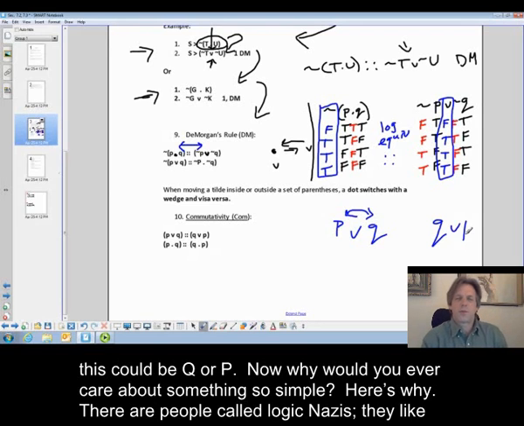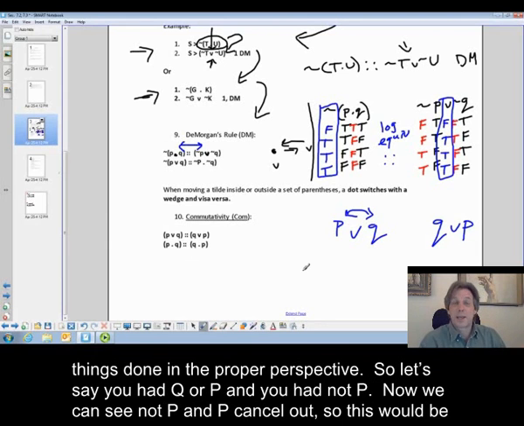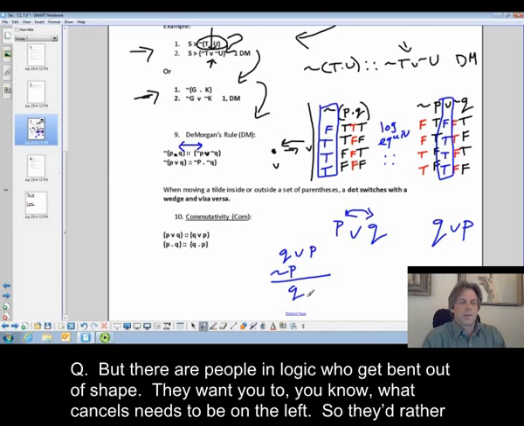Now, why would you ever care about something so simple? Here's why. There are people called logic Nazis. They like things done in the proper perspective. So let's say you had Q or P, and you had not P. Now we can see that not P and P cancel out, so this would be Q. But there are people in logic who get bent out of shape.